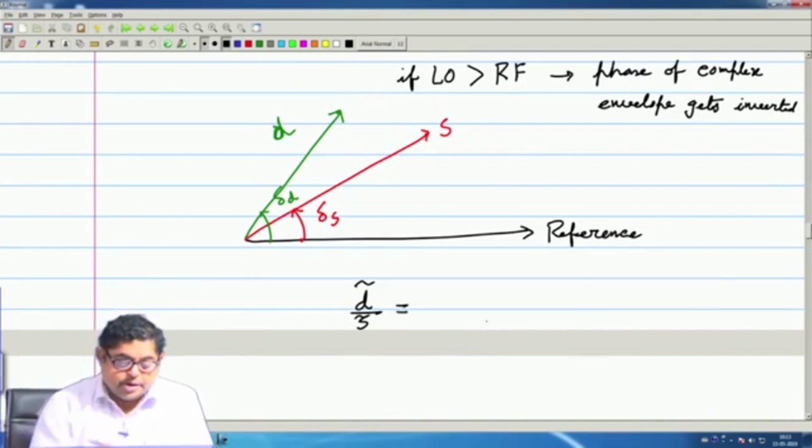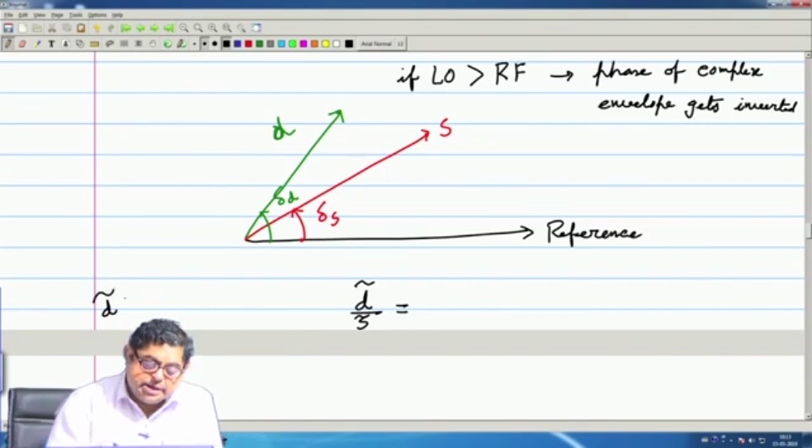Separately, what is phasor D? This is the magnitude part, the length of this arrow, and e to the power j delta D.